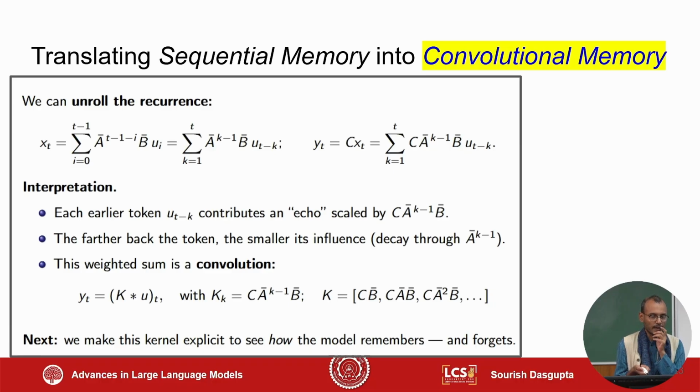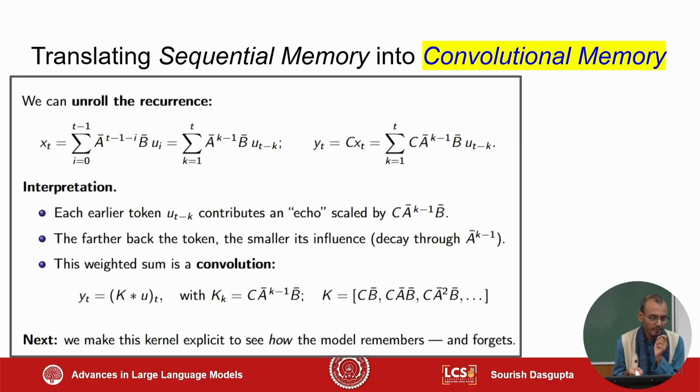And then you can rewrite that summation by just changing the subscript, and you write u_i as u_(t-k), where k equals 1 to t, and you get this really nice, neat form of A bar^(k-1) B bar.